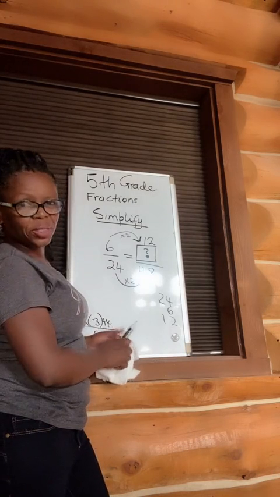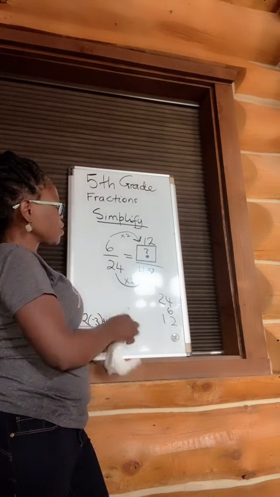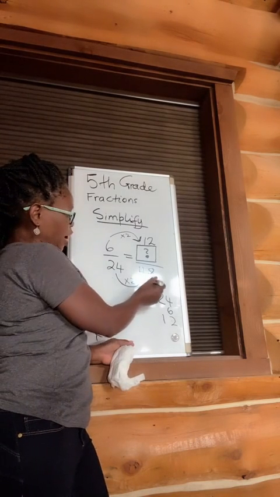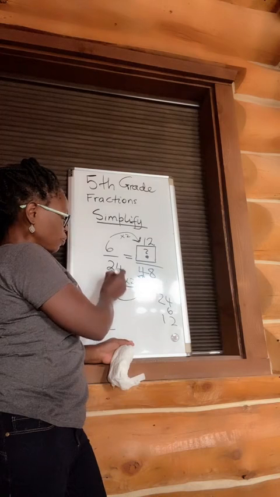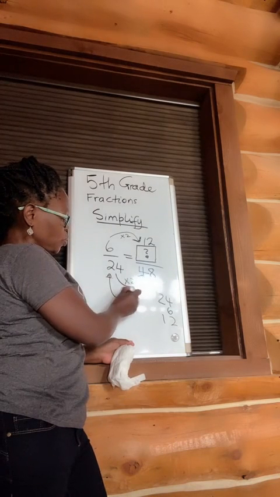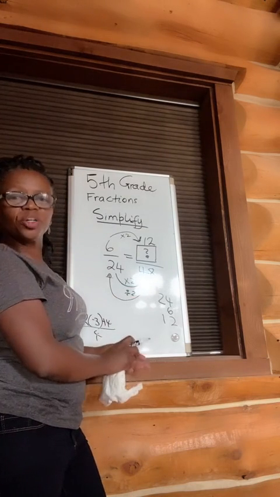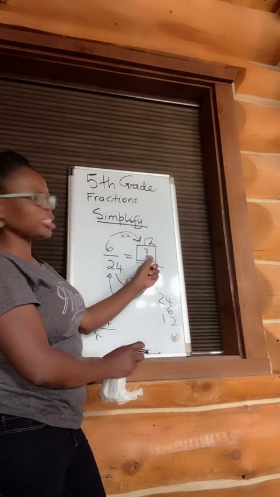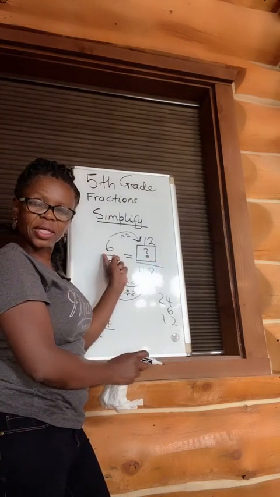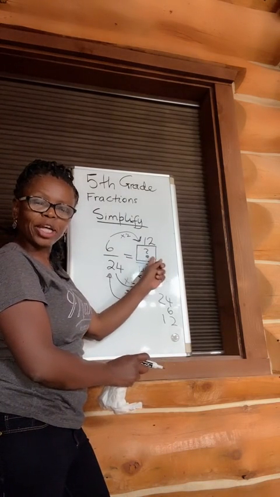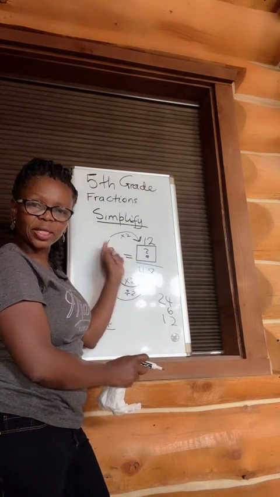If you don't want to say that, you can say, how do we go from 48 to 24? You can say divide by 2. And then you will say, what number divided by 2 will give you 6?